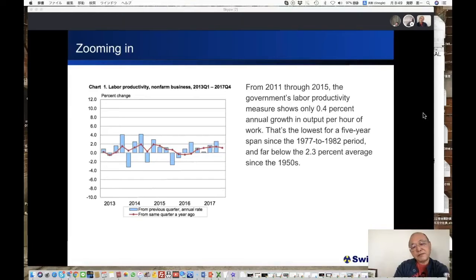Well, basically, when we look at productivity, we look at products. Let's take the textile industry, which has diminished in the States.